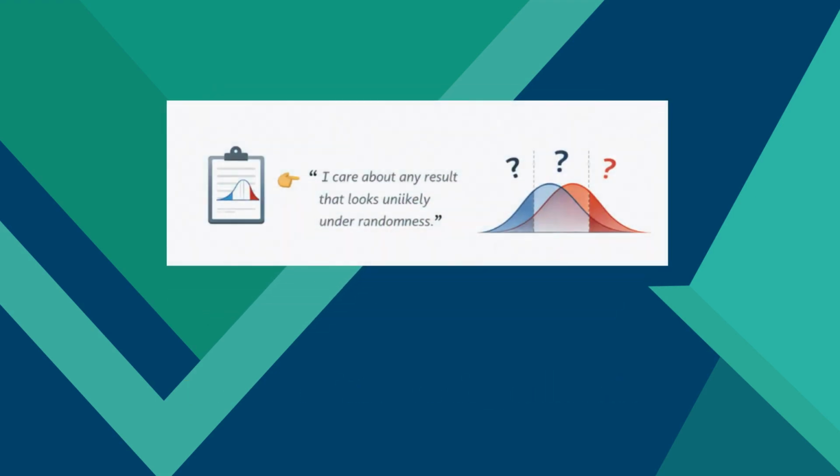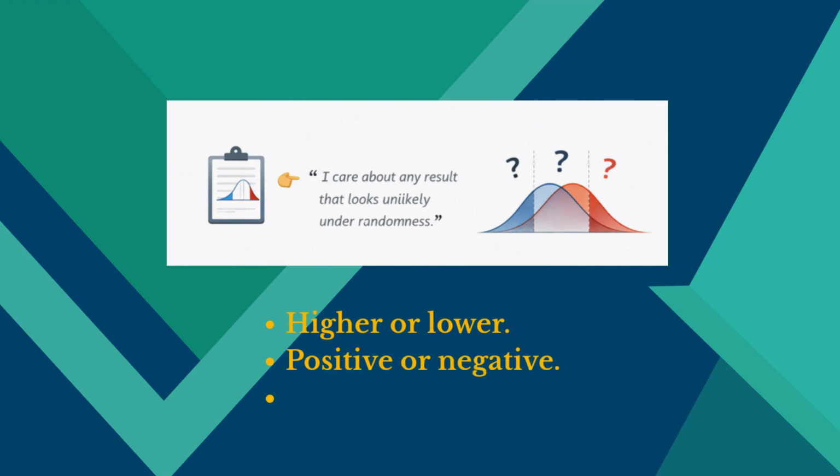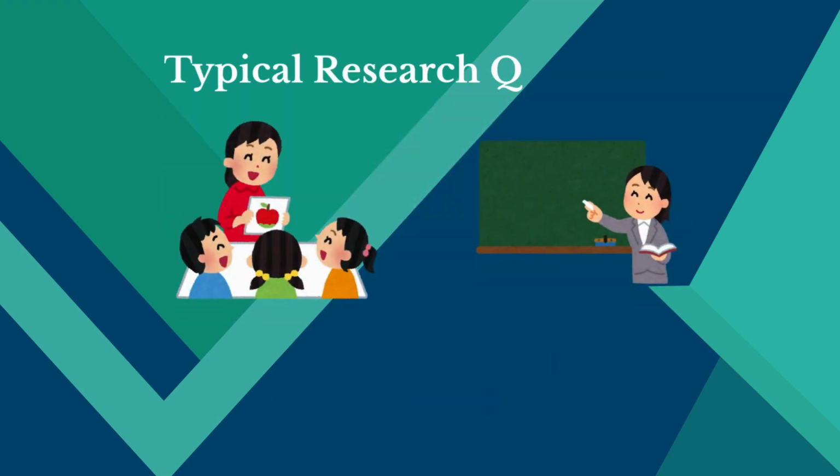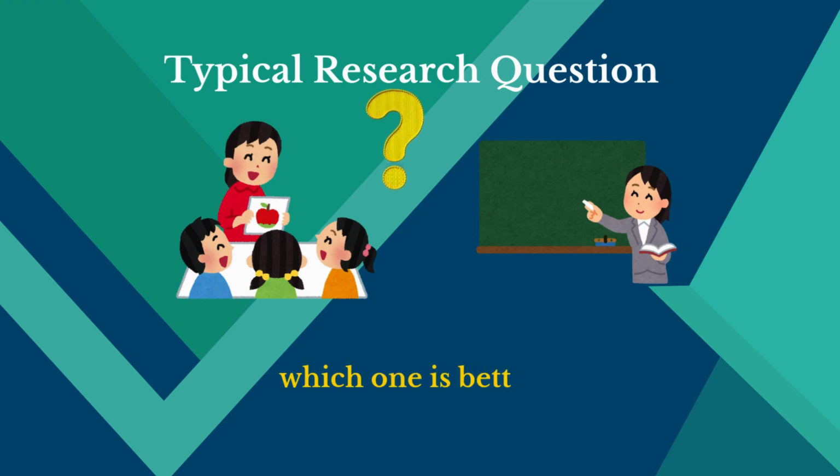You are saying, I care about any result that looks unlikely under randomness, higher or lower, positive or negative, increase or decrease. If it is far from what randomness predicts, it matters. Think about a typical research question. You compare two teaching methods. You don't know which one is better. You only want to know whether they are different at all. In that case, ignoring one side of the distribution would make no sense.